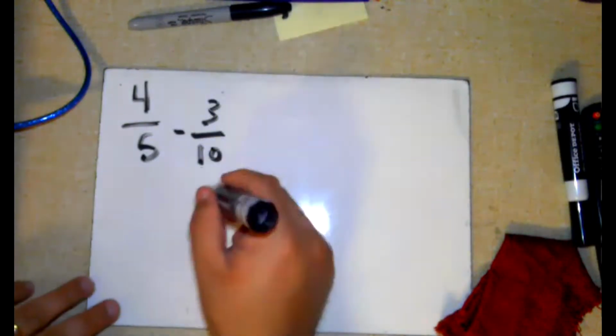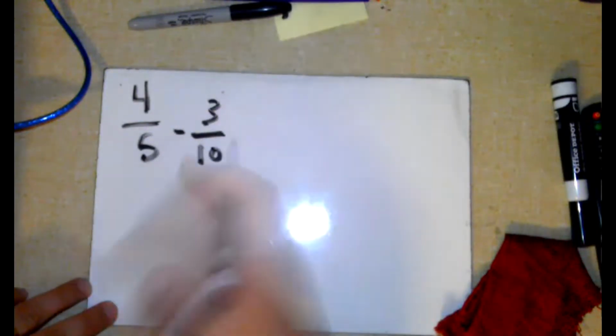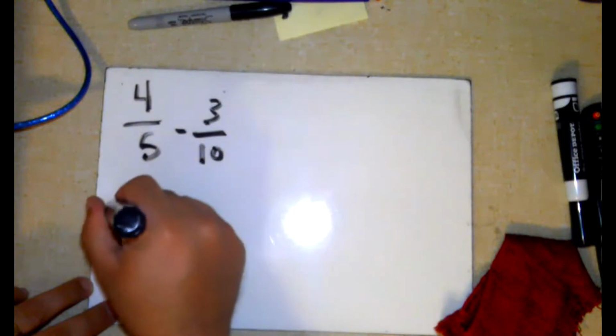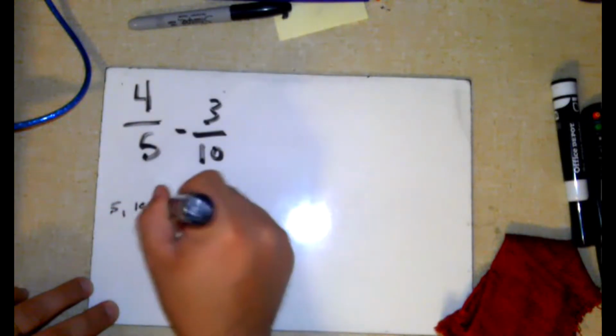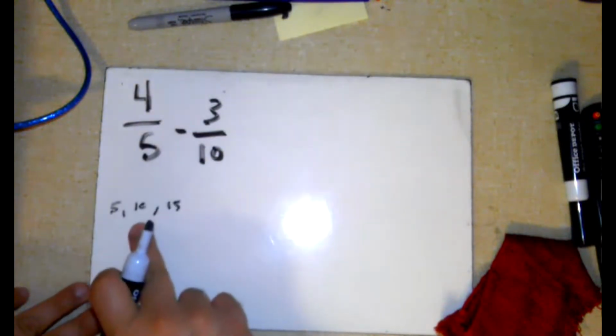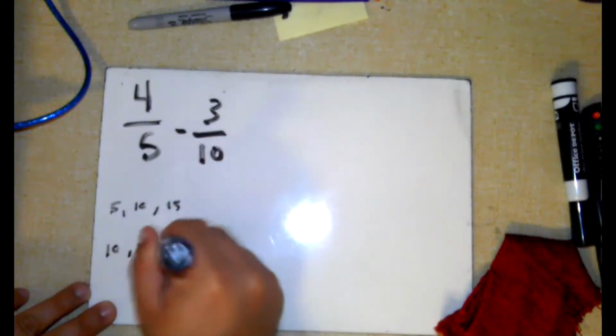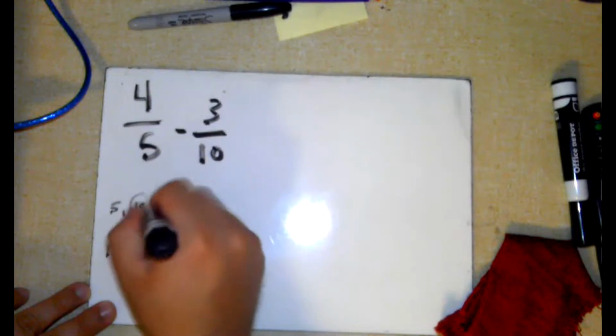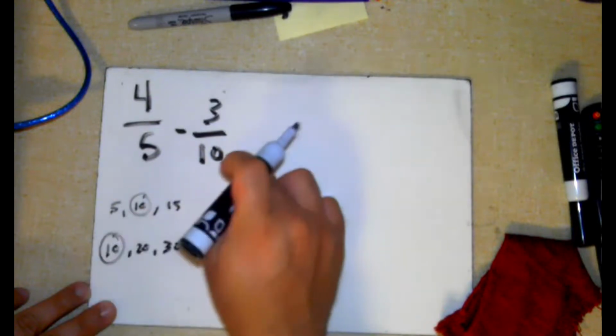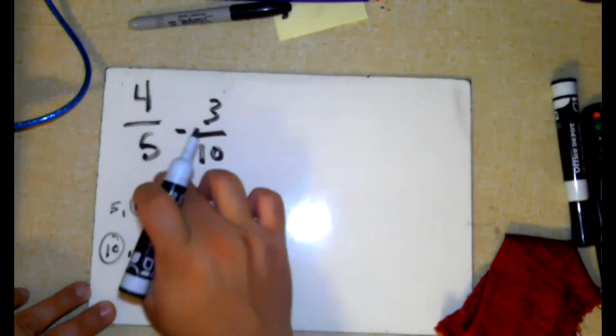At this point, you should probably realize, oh, okay, I got 5, 10, 15. I got to stop right there because why? They're both the same. So we got 10, 20, 30. So we got 10 and 10. So we're going to keep the 3/10. But we need to find the equivalent fraction of 4/5.